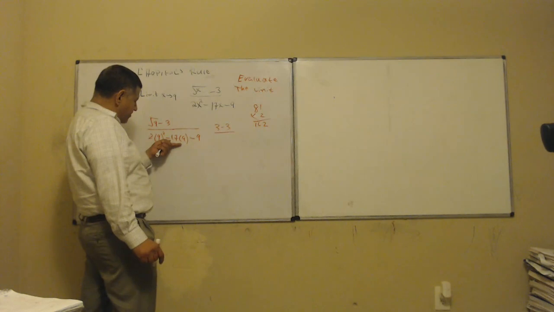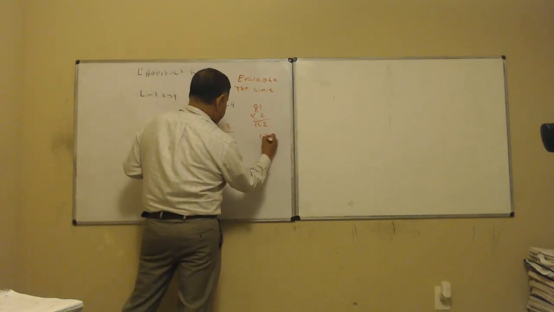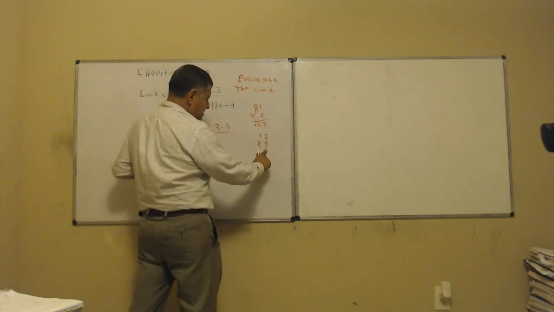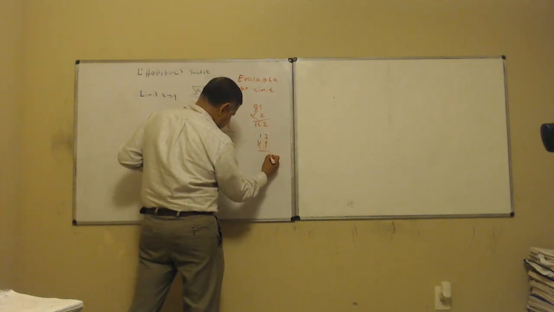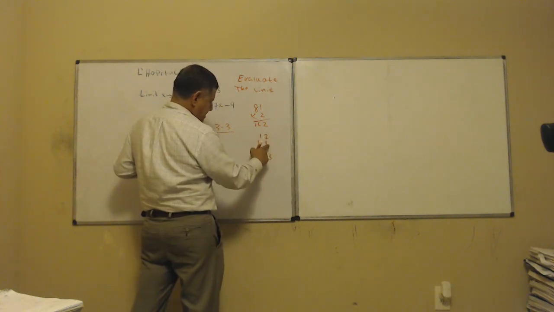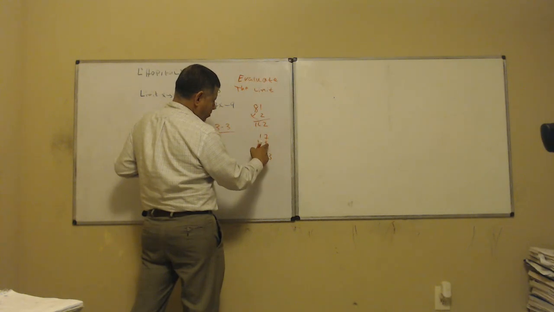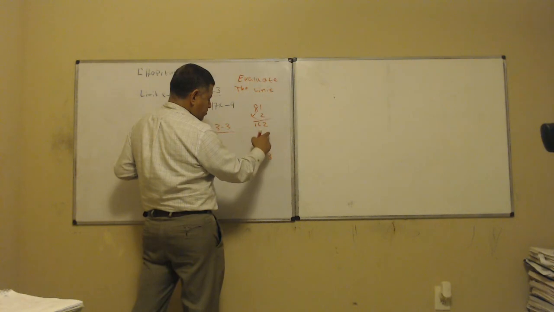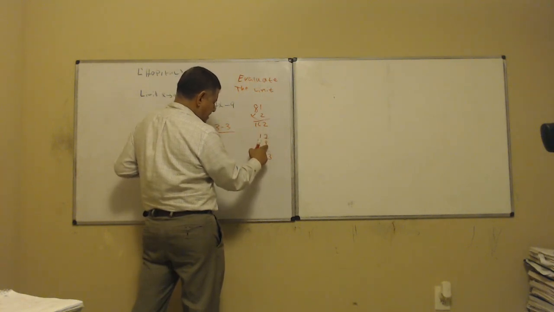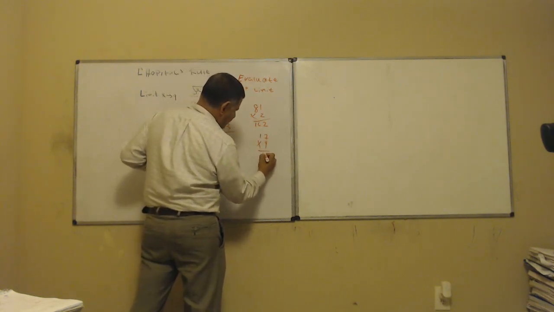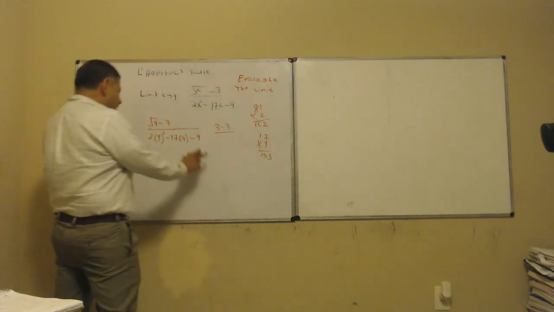Now this one, let's do it real quick. 17 times 9: 7 times 9 is 63, write down the 3, carry the 6, then 9 plus 6 is 15, so 153. So we have a negative 153 here.